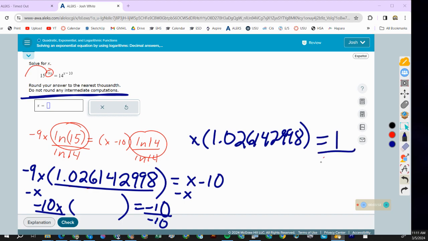So I'm just going to divide this by my answer. So 1 divided by answer, and I get 0.9745. And so it's going to be 0.975. Does that make sense?